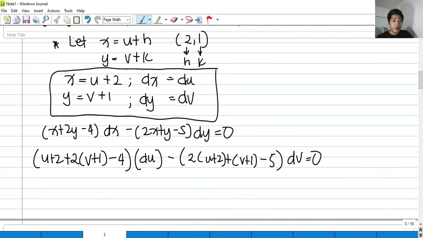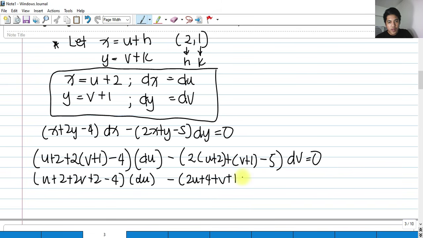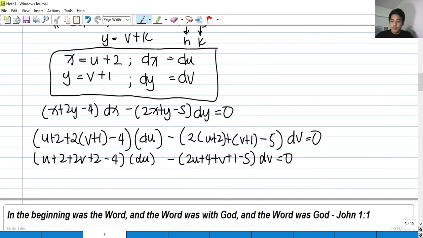So what I'm going to do is perform algebra. So we have (u plus 2 plus 2v plus 2 minus 4) du minus (2u plus 4 plus v plus 1 minus 5) dv is equal to 0. Upon simplifying this, we'll be having u. 2 plus 2 is 4, minus 4 is simply 0.